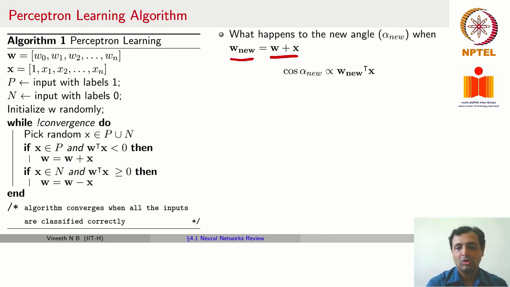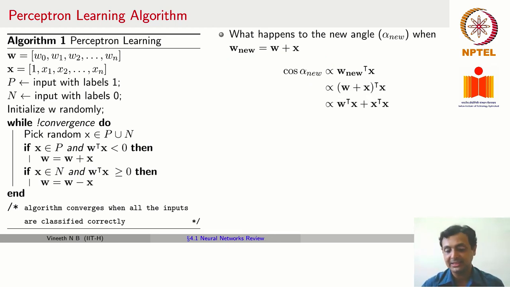We know that cos alpha new is equal to w new transpose x divided by the norms of those two vectors, w new and x. We are going to ignore the denominator and simply say it's proportional to w new transpose x, which is proportional to (w plus x) transpose x, because w new is equal to w plus x.